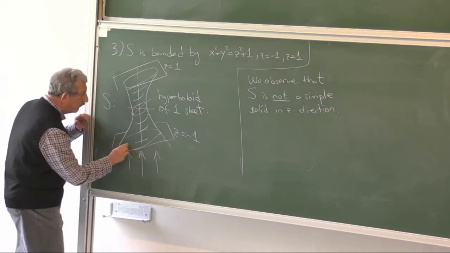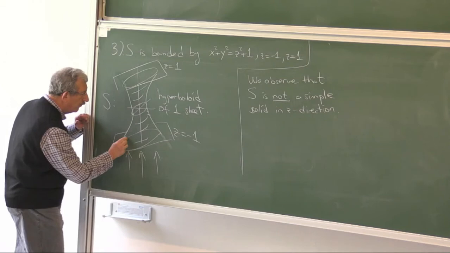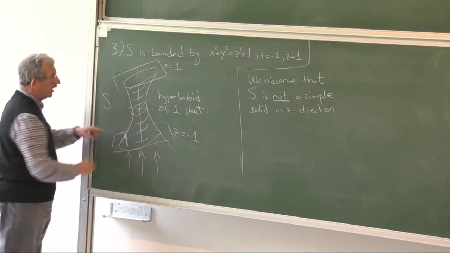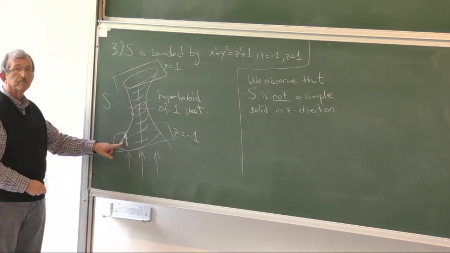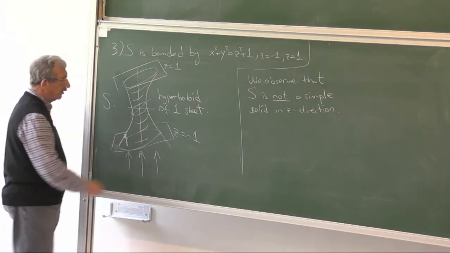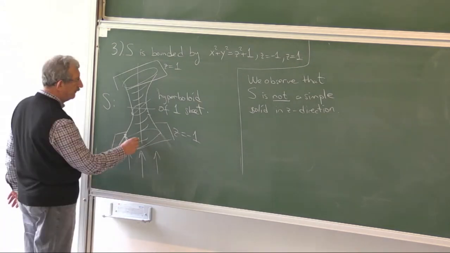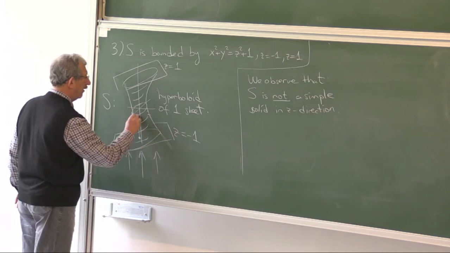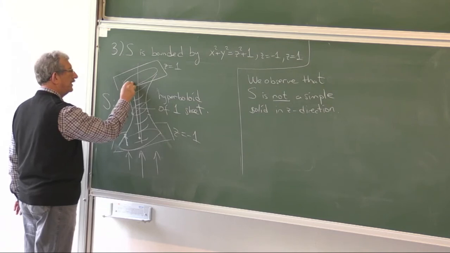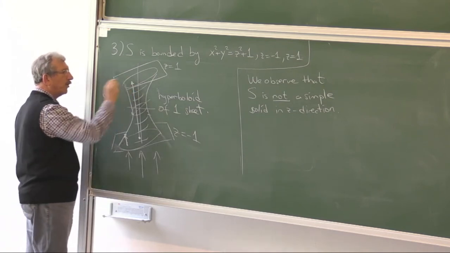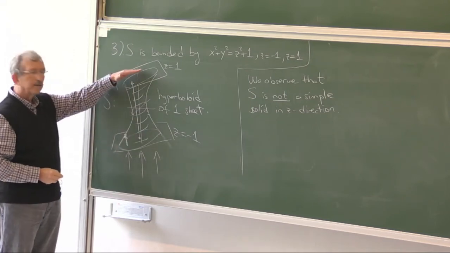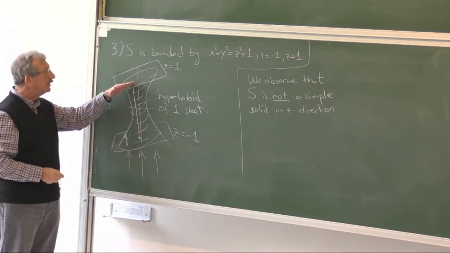You move, and then you go up. And you leave from the hyperboloid, but this part of the hyperboloid. Or, if you move from here, you go up and leave from this point, which is a plane. So you start from a plane and you leave from a plane.